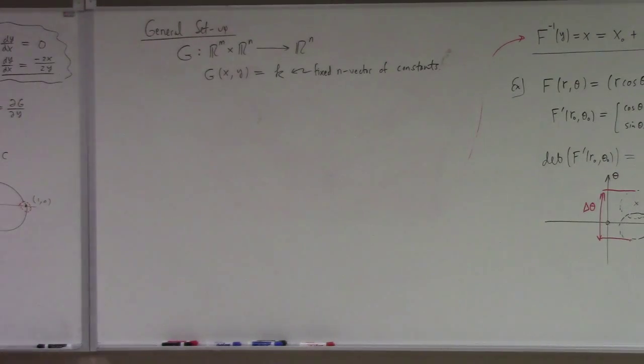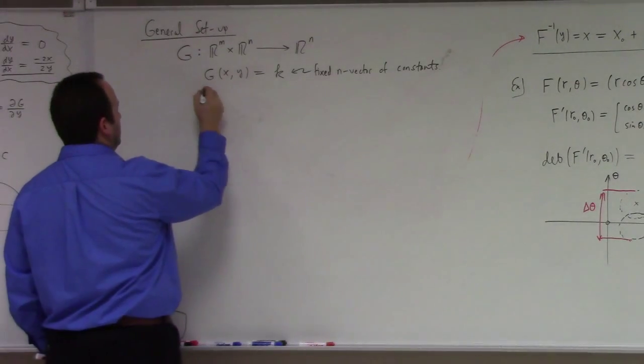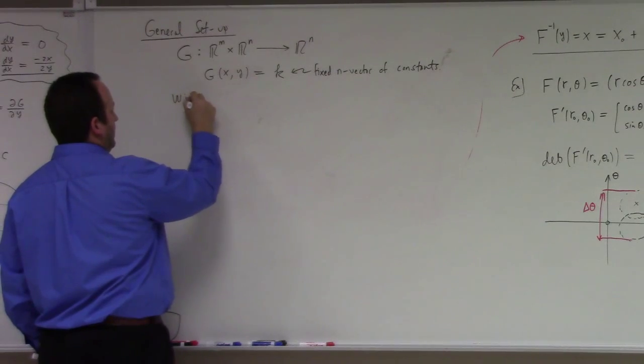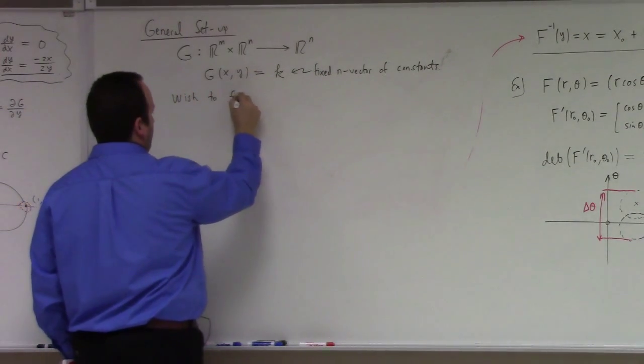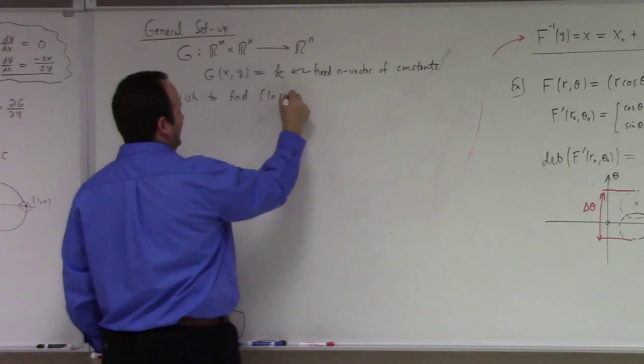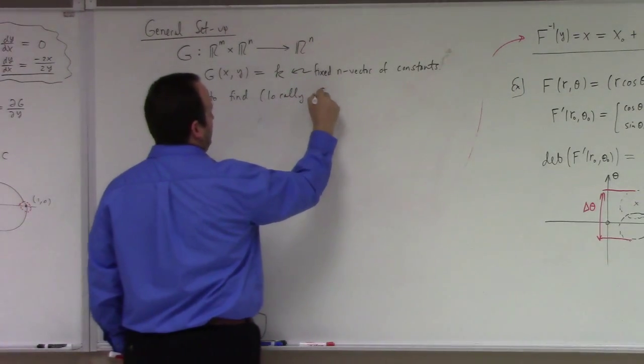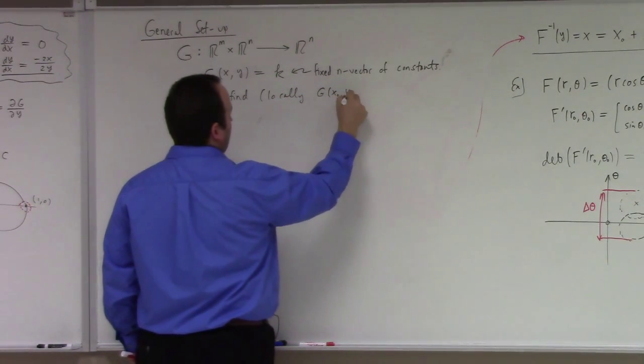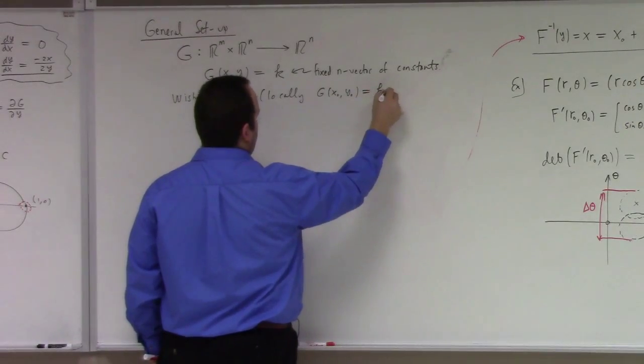So what we wish to find, locally, in other words, you've got g of x naught comma y naught equals k.